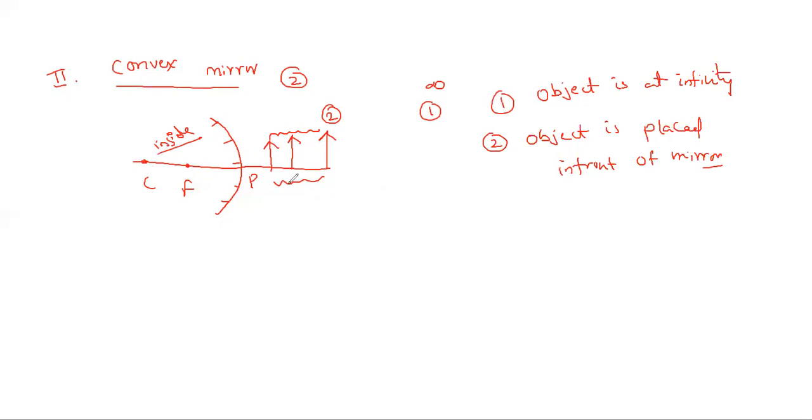Clear? So if you place the object anywhere in front of the mirror, you will get similar characteristics. That's why we will consider only two positions. What is the first position of the object? The first position of the object is at infinity.